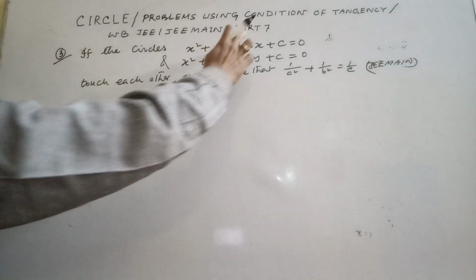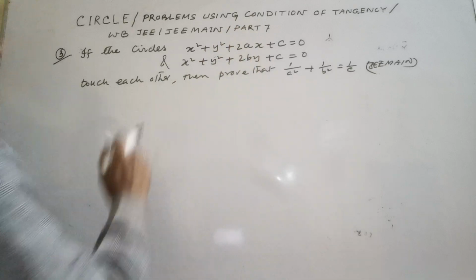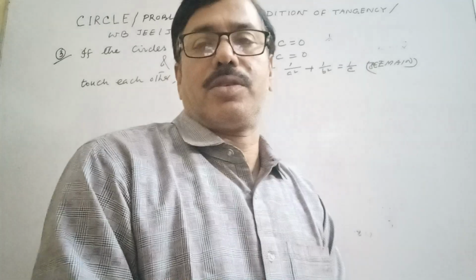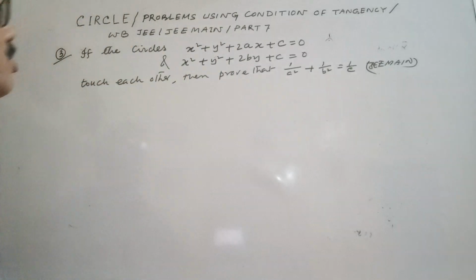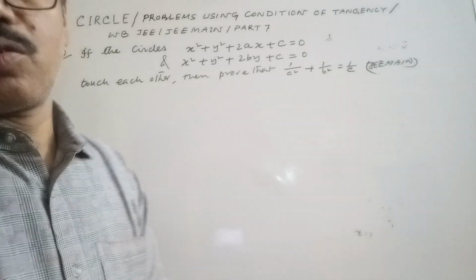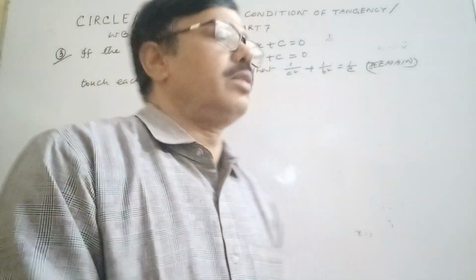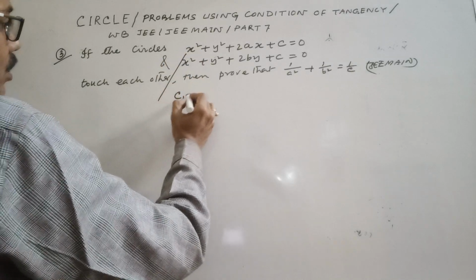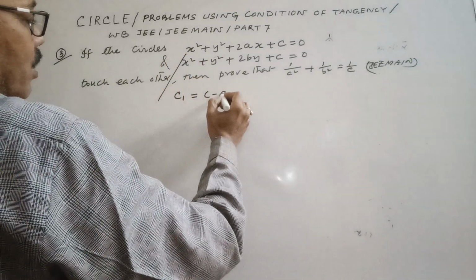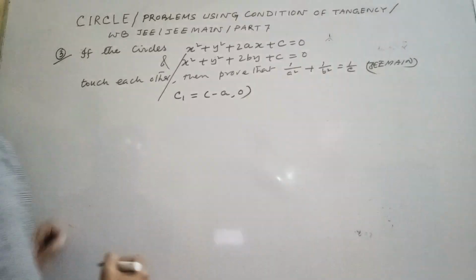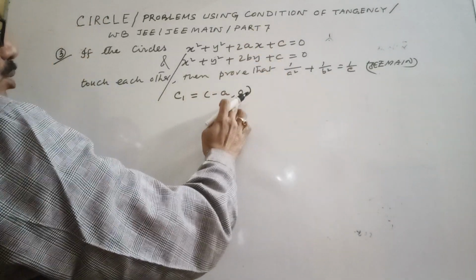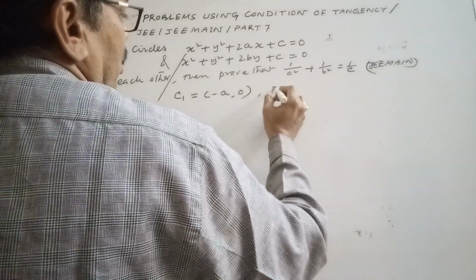If the circles touch each other, then prove that 1 by a square plus 1 by b square equals 1 by c. So we need the coordinates of the center and the radius. For the first circle, C1 equals (-a, 0). 2ax, no y, that is why the y coordinate is 0.